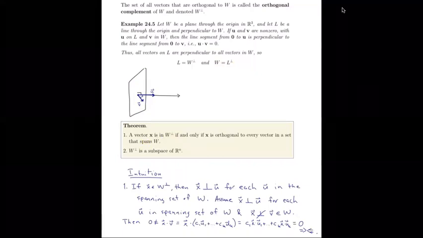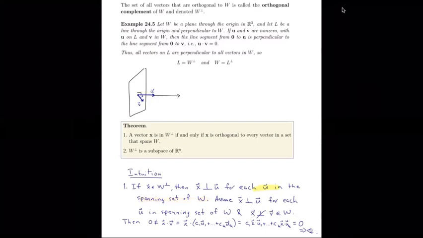We just need to check every vector in the spanning set of W to see whether or not X is perpendicular to W. To prove this, we first assume that X is in the orthogonal complement of W. We're doing the "only if" direction: X is in W perp, only if X is orthogonal to every vector in the set that spans W. Well, if X is in the orthogonal complement of W, then X is perpendicular to every vector U in W, including every vector U in the spanning set of W. Since the spanning set of W consists of vectors in W, and X is perpendicular to every vector in W, then X is perpendicular to every vector in the spanning set.